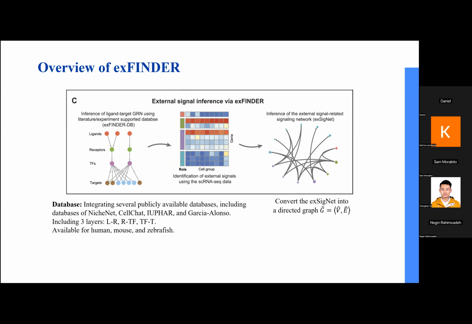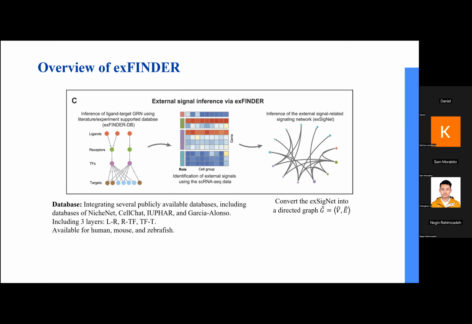And once we have this ligand-to-target GRN, we can identify the external signals using the single cell data. For example, if the target genes are highly expressed, and their TFs and their inferred receptors are also highly expressed, then there must be some signals they received somewhere.